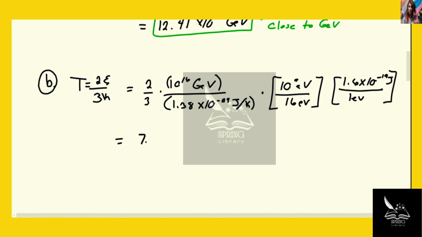Okay, and that's going to be 7.73 times 10 to the negative 28 Kelvin. And that's going to be your answer, okay, guys?